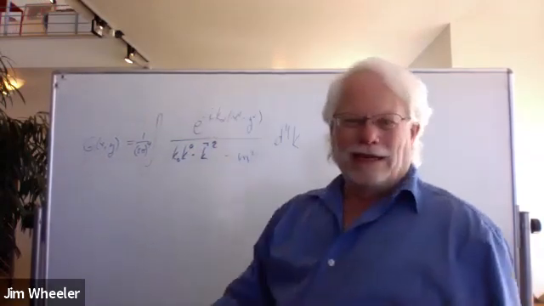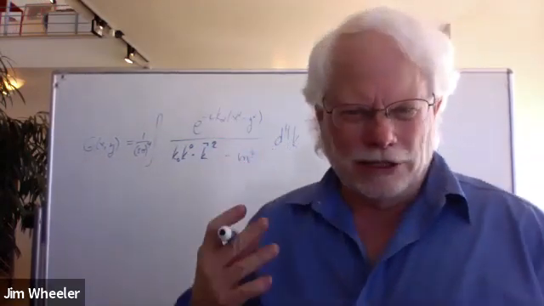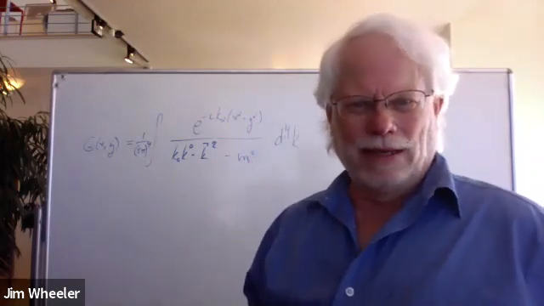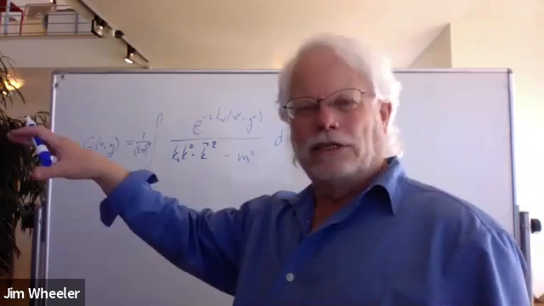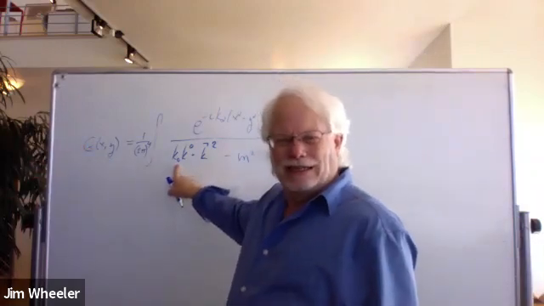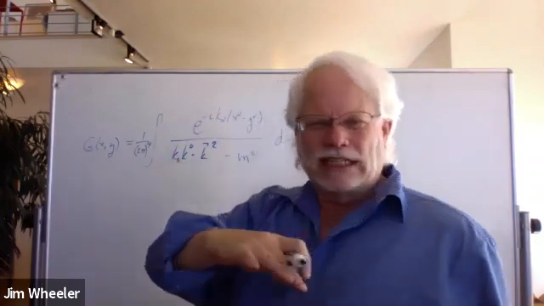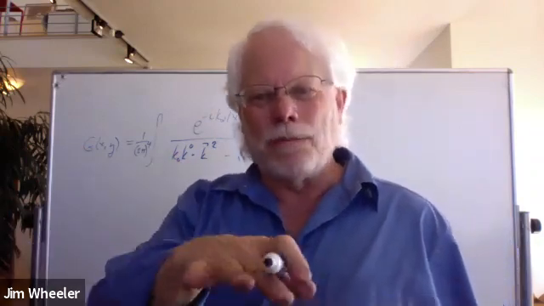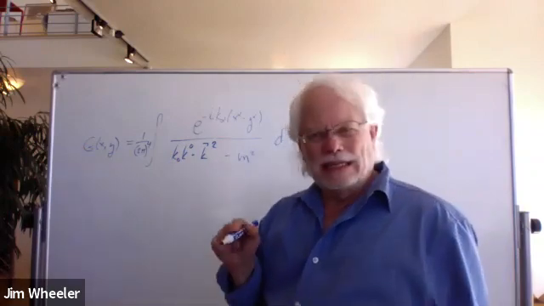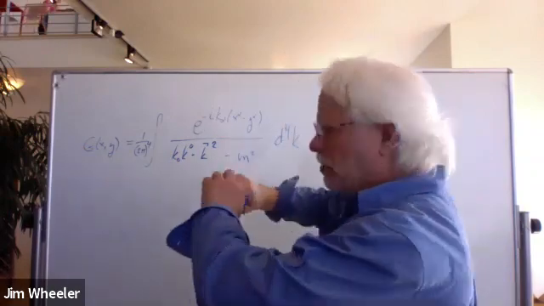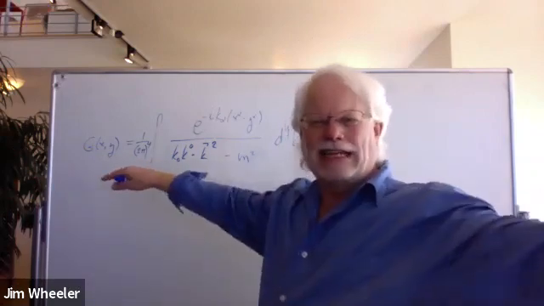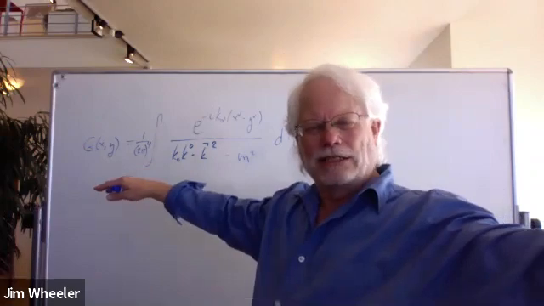Now, a straightforward way to solve this is by contour integration. We extend to the complex plane. Well, I want to do the K0 integrals, so we extend to the complex K0 plane. And in that plane, we're integrating along the entire real axis.